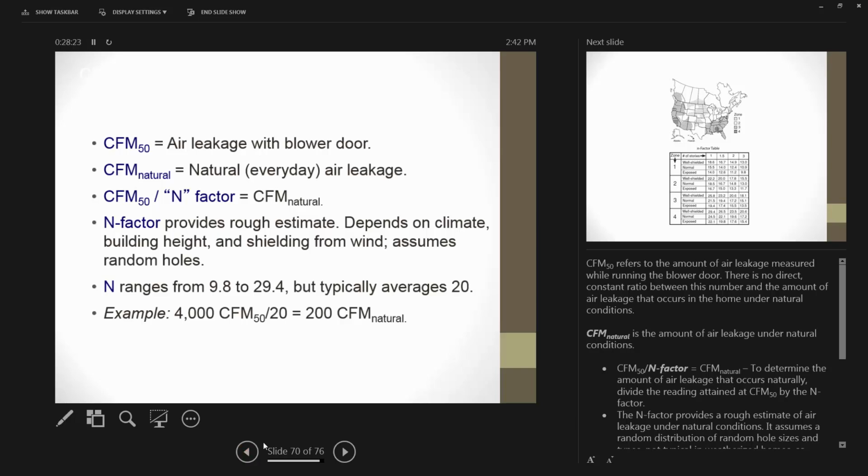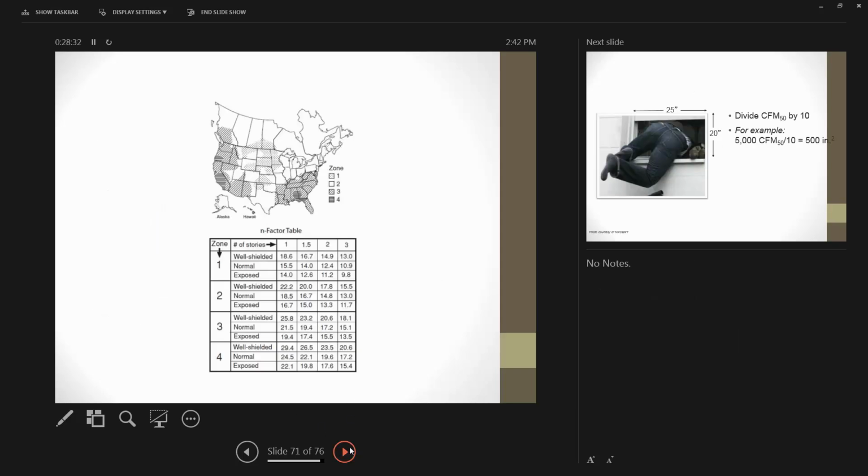So it will make a difference in your natural airflow, and so that's why you put that N factor in there. It's just a way to try to equalize. It's hard to compare apples to apples on every single building, because building the same building and putting it in point A and point B, depending on how they're shielded, could make a difference in how it performs.